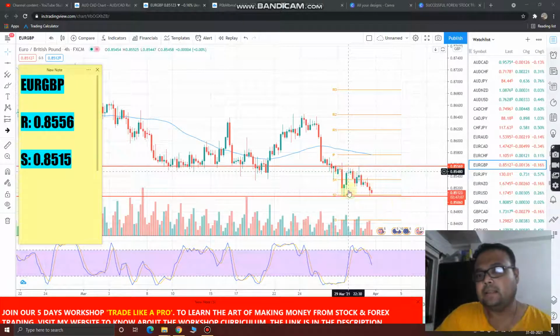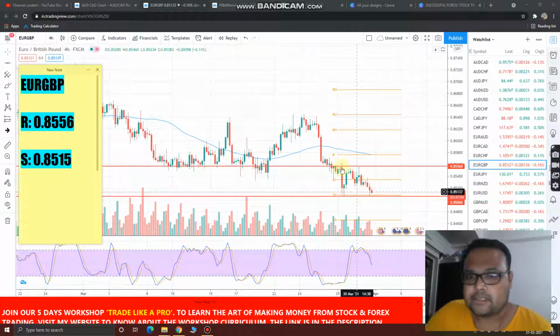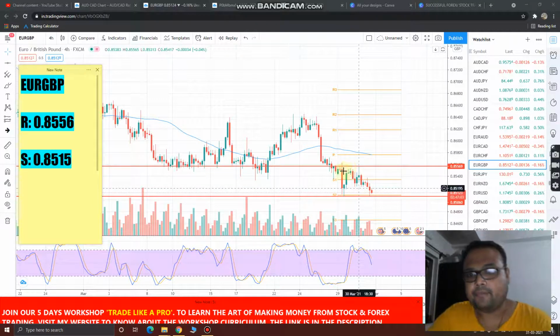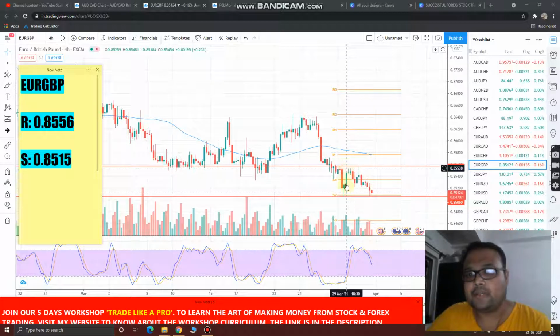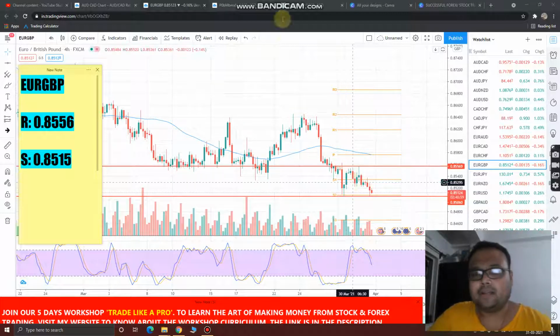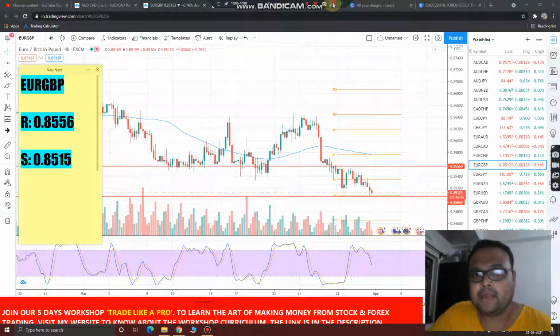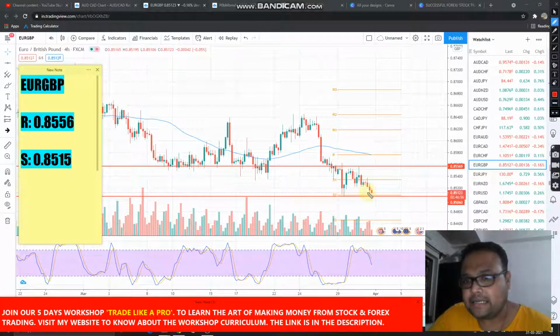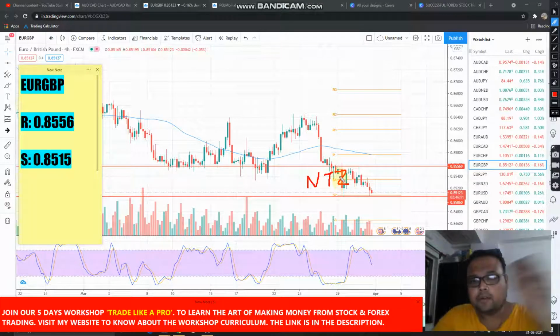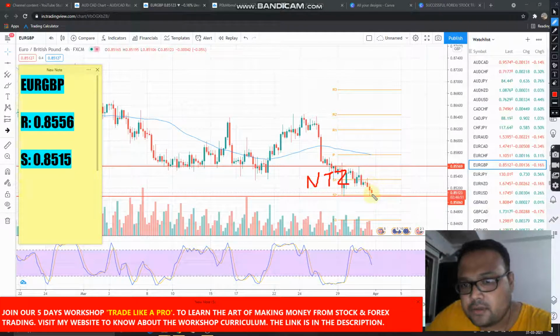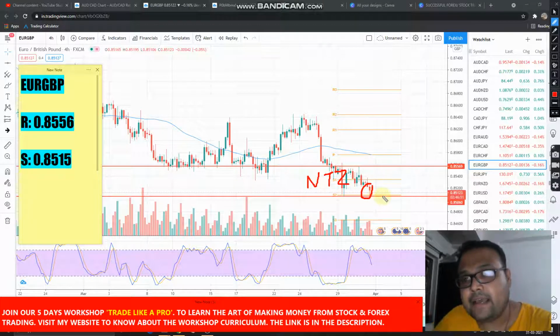So the market is in this range, and as you can see, I have drawn two lines here. As long as the market is in this range, you should not trade. This is your no trading zone, because in the previous candle, and this candle also, you can see that the market tested this level and went up.